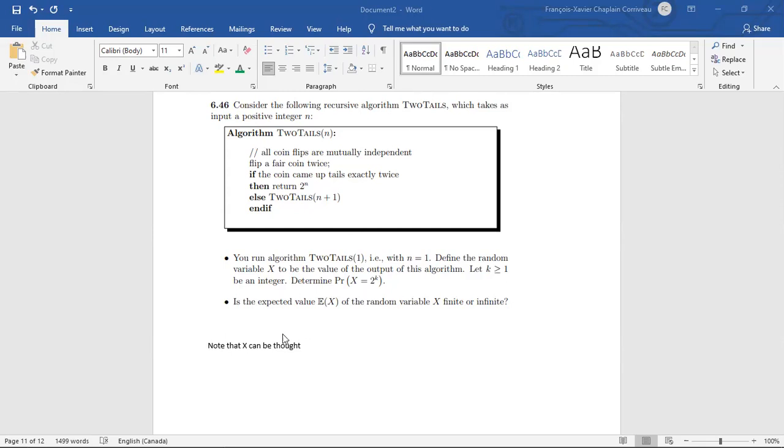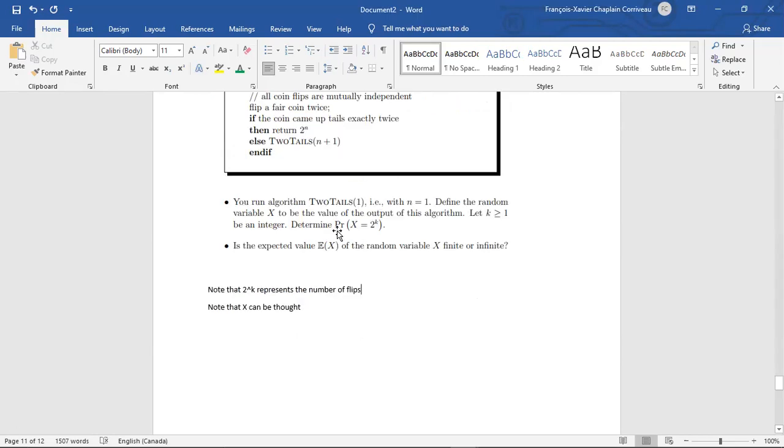So here the success, so maybe the first thing that you can note is that 2^k represents the number of flips. Okay, so I think this isn't asking you for the expected value in part A, so I'm getting ahead of myself.